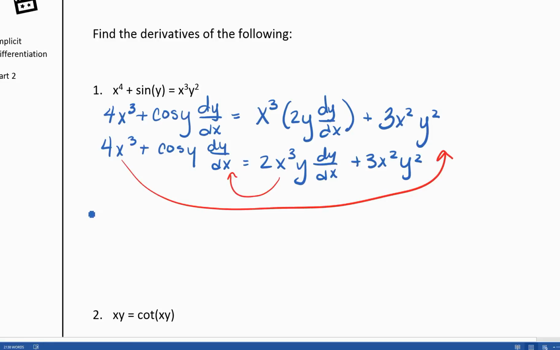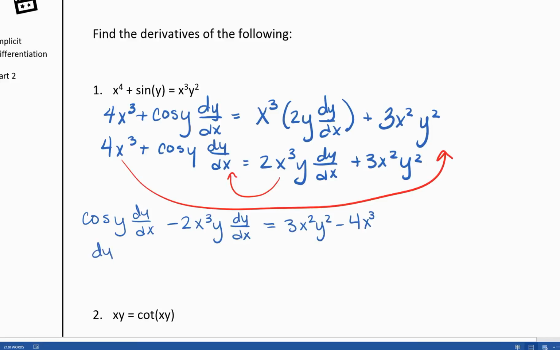So that will give us cosine of y dy/dx minus 2x cubed y dy/dx equals 3x squared y squared minus 4x cubed. So I'll factor out the dy/dx.